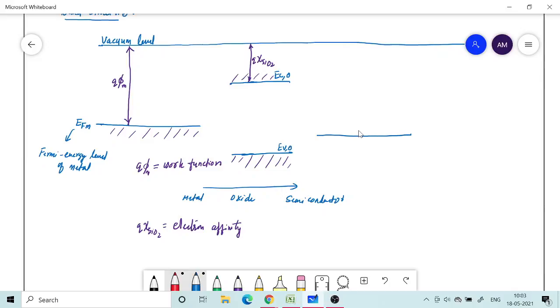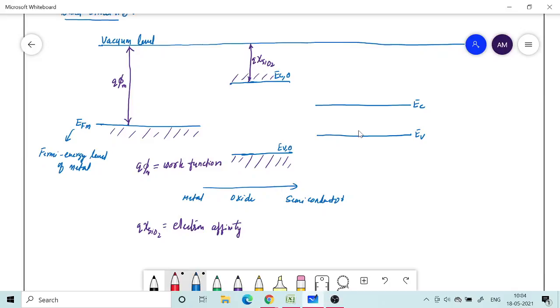So this is my EV, and then somewhere here I have my EC, but you can see that in comparison with the oxide the forbidden gap is much smaller. For silicon it is of the order of 1 electron volt. For germanium it is even smaller. So depending upon what semiconductor it is, what material it is made of, this energy gap will vary. It's entirely a material property.